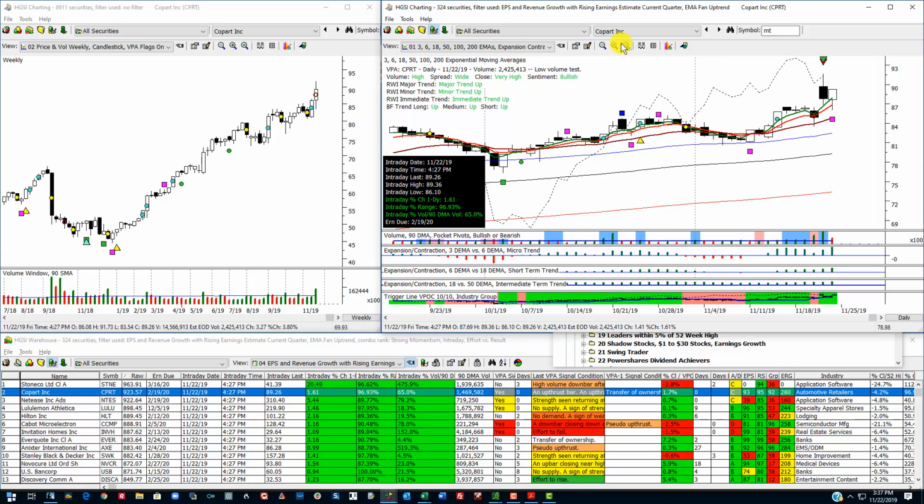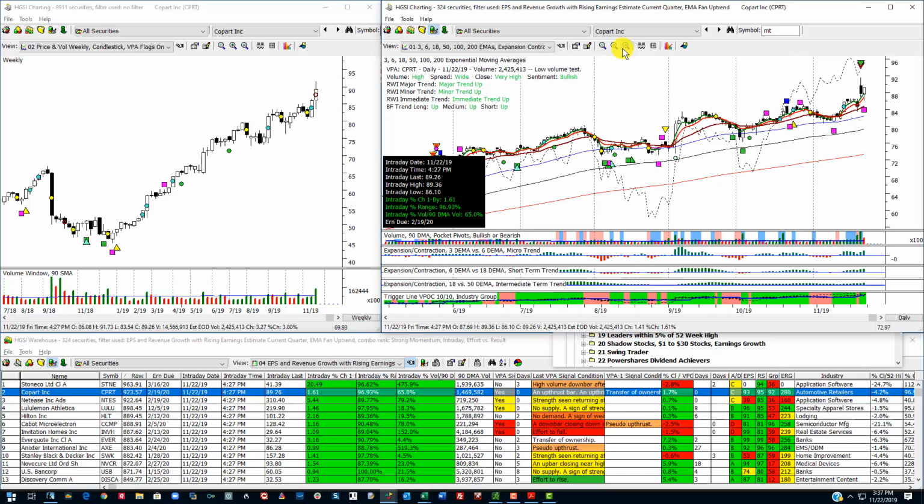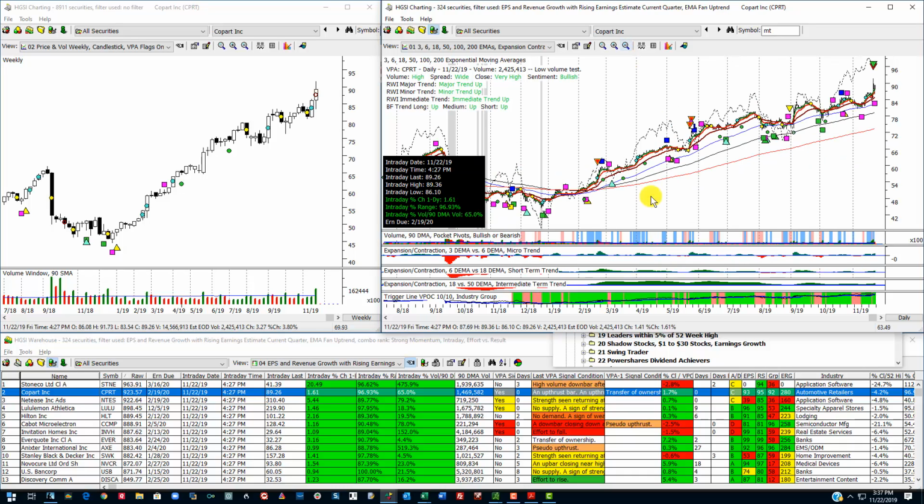As I zoom out on this, let's go back in time and see where this fan began. It happened clear back here when the stock was at $50, and the stock is currently at $90.